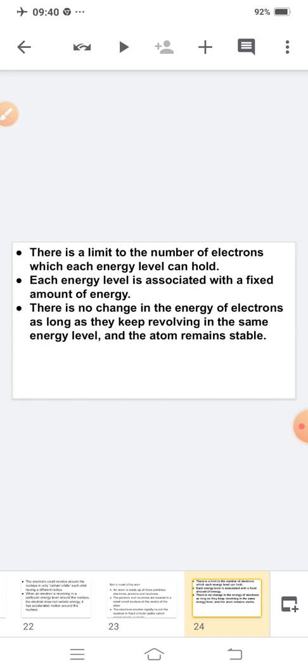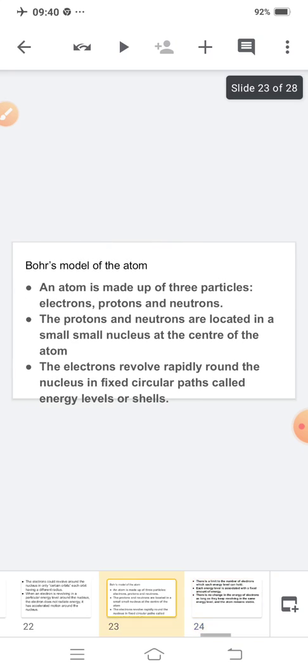So these are the postulates of Bohr's atomic theory. I am reading once more. Listen carefully. An atom is made up of 3 particles: electrons, protons and neutrons. The protons and neutrons are located in a small nucleus at the center of the atom. The electrons revolve rapidly around the nucleus in fixed circular paths called energy levels or shells.